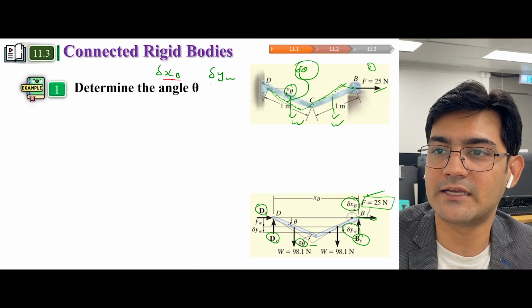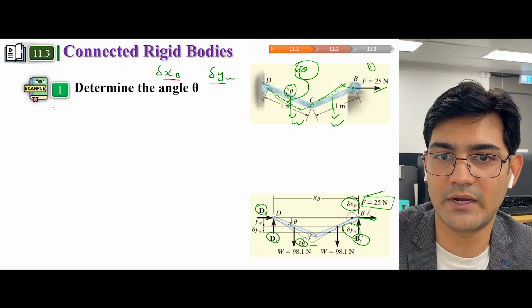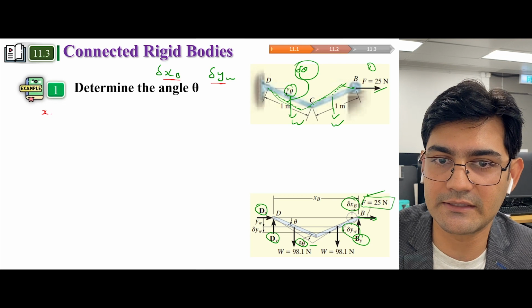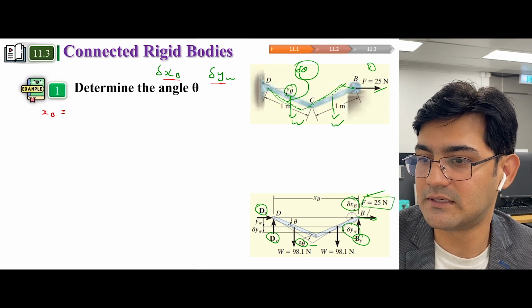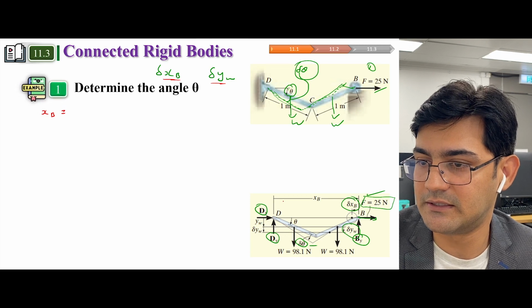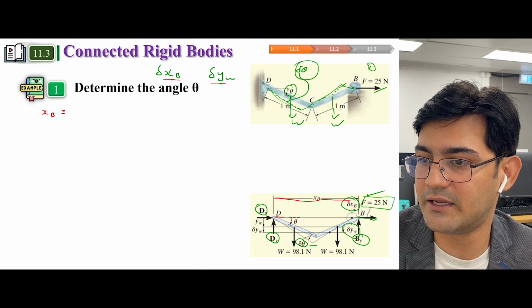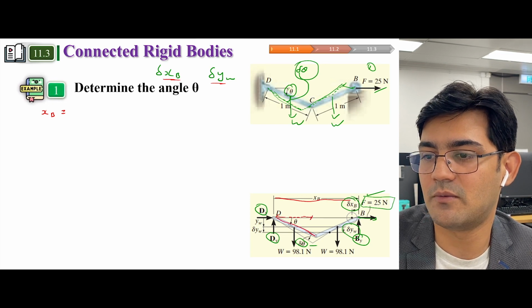So for delta xb and delta yw, first let's find xb. So what is xb? Xb is this distance, which can be determined by finding this component of this body.